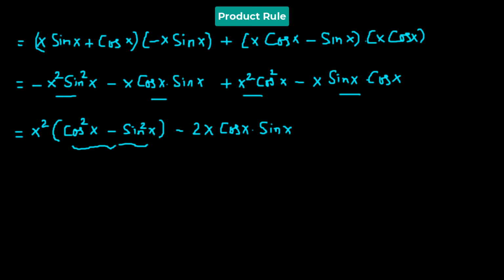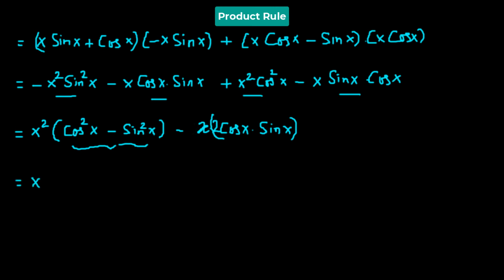And here let me rewrite this. So let me write x first, then 2. So we have x times 2 cosine of x times sine of x. So this is another identity which is equals to sine 2x.